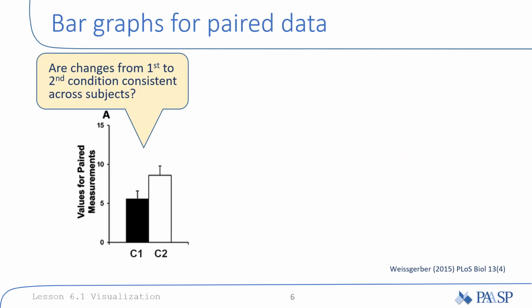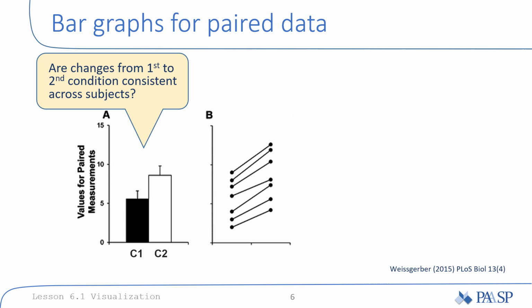Even more problems arise when bar graphs are used to show paired or non-independent data. Bar graphs of paired data wrongly suggest that the groups being compared are independent and provide no information about whether changes are consistent across subjects or experimental units. For example, in panel B, values for every subject are actually higher in the second condition.